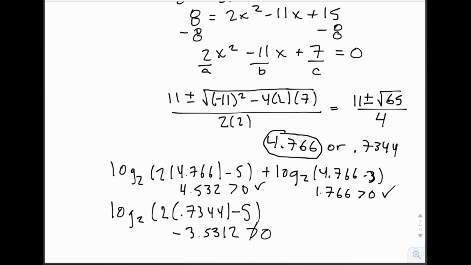So we have negative arguments for our log. Just because this one is positive does not mean it is going to be included. So we can go ahead and X that one out. So we just have the positive 4.766 in this example. Or if you want to, you could say 11 plus the square root of 65, divided by 4.